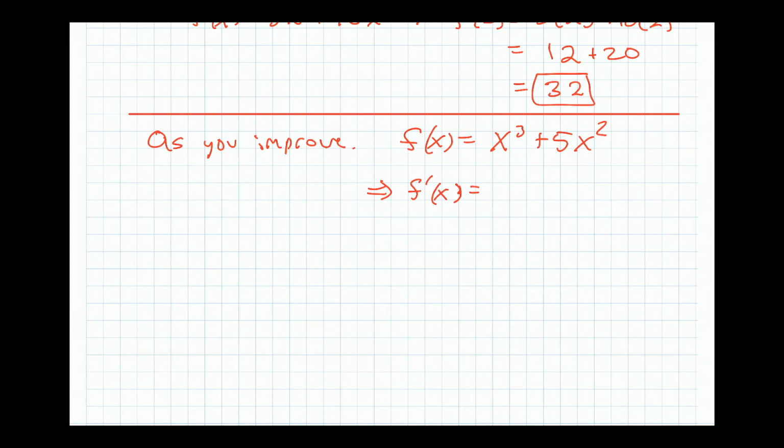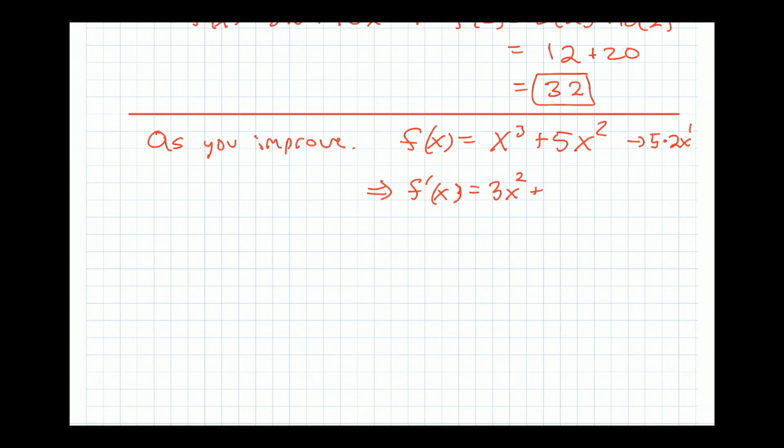So you just, in your head, you bring the 3 down in front, and you have 3x squared. You subtract 1 from the power. On the second one, you've got 5x squared, and you have the 5, and then you bring the 2 down in front, and then you subtract 1 from the power.